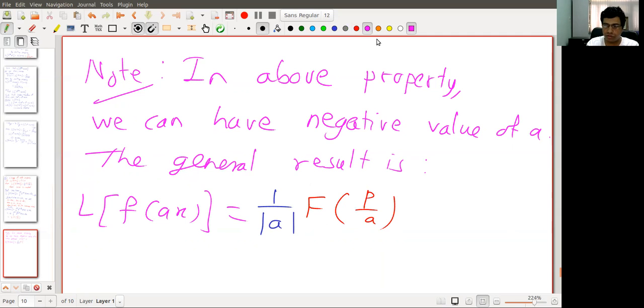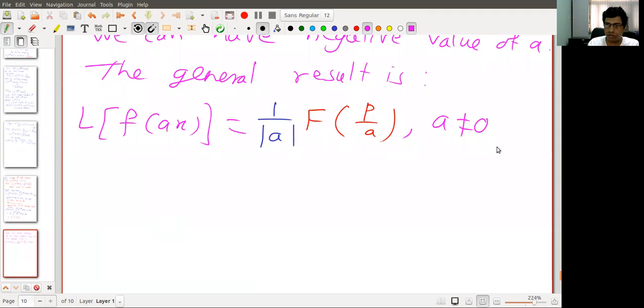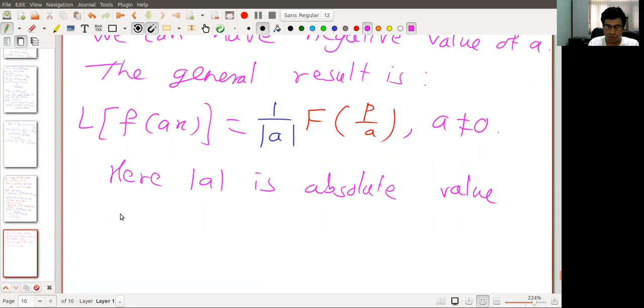Here, of course, we hold a not equal to 0. Here, this mod a is the absolute value of real number a. So remember that 1 upon absolute value of a into capital F of p divided by a. This is the change of scale property.